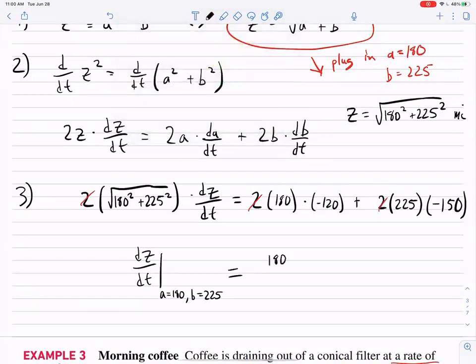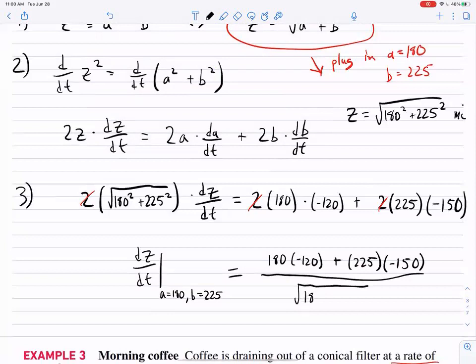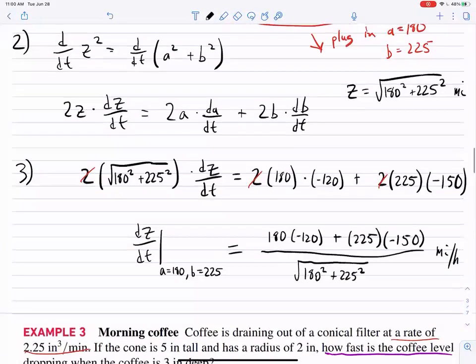Just 180 times negative 120 plus 225 times negative 150, all over z, which is the square root of 180 squared plus 225 squared. And this is going to be in miles per hour. And that's our final answer.